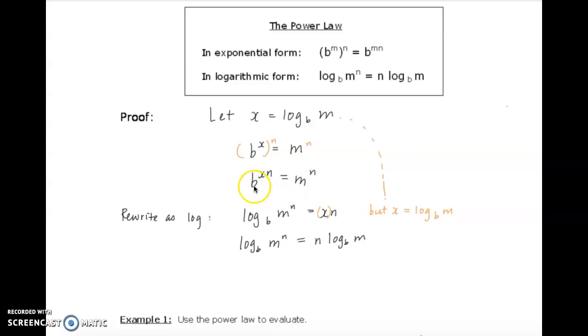The left side will look like log of m to the power of n base b. So log of the other side, base b, is equal to the exponent x times n. But earlier we defined x to be log m base b. So it looks like this: n can be multiplied to log m base b, and this is exactly the same as log m to the power of n base b.